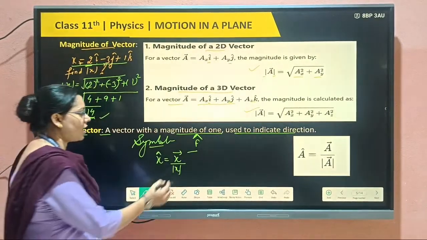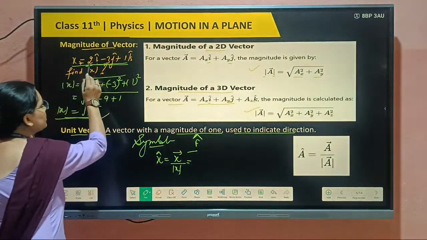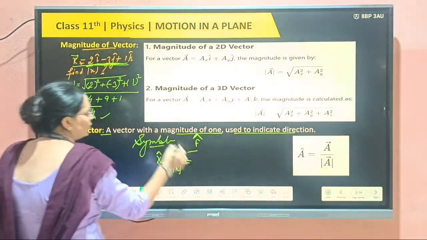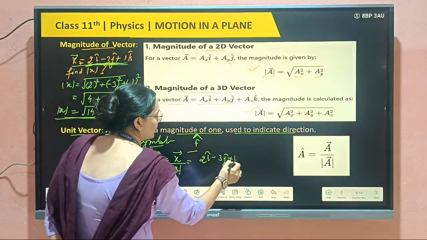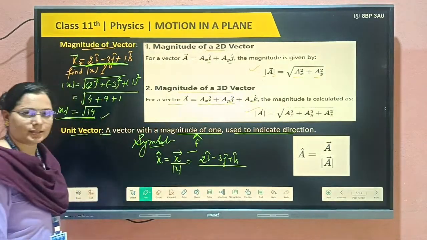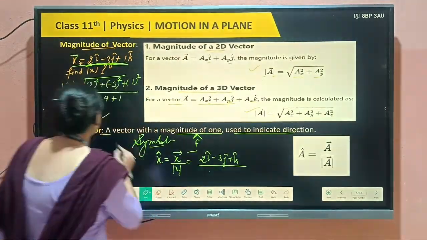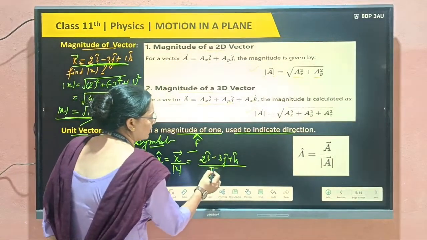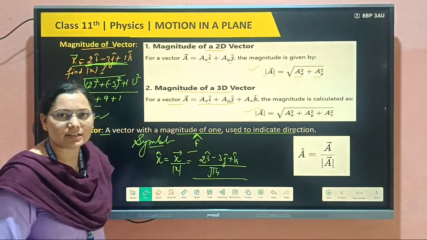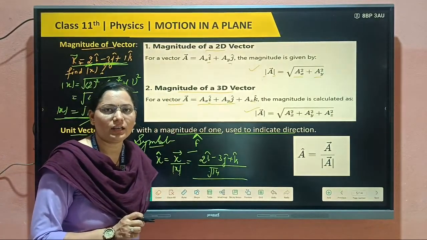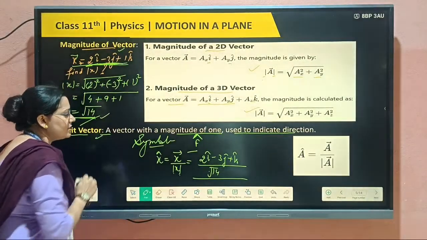The x vector value is given here: 2i cap minus 3j cap plus k cap. Downside we write the magnitude of this, already solved, which is under root 14. Later you can solve it, otherwise leave it; it is the unit vector indicating the direction of the vector. Like this we can find the magnitude and the unit vector of any vector.